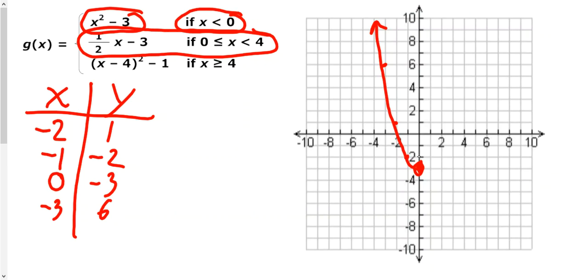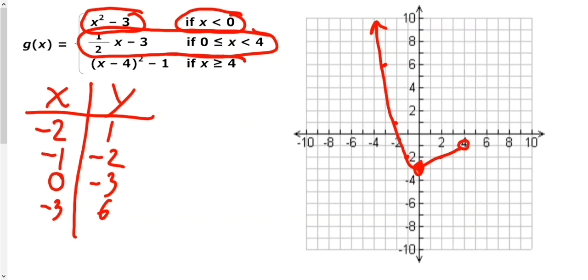So I'm going to go up 1 and over 2, and up 1 and over 2, until I get to x equals 4, because that's the other boundary between the two intervals, right? 4 is the dividing point between those two pieces. So I'm temporarily going to put an open circle there. That doesn't even look like an open circle, so let me fix that. And that one's a straight line, so it's going to look just like that.